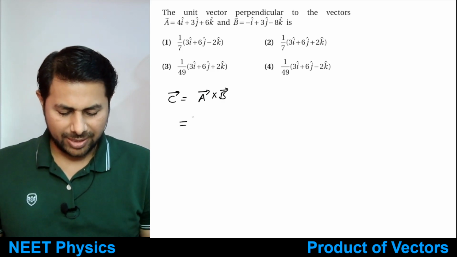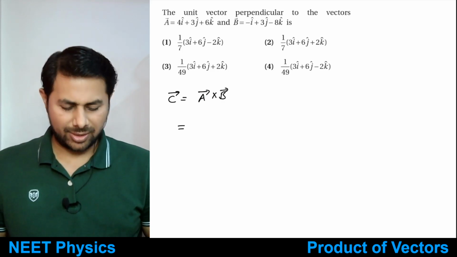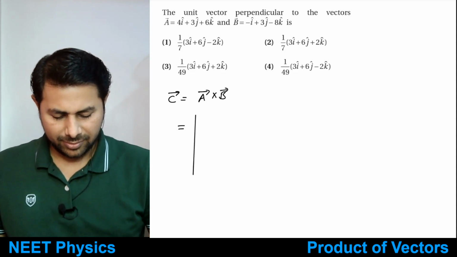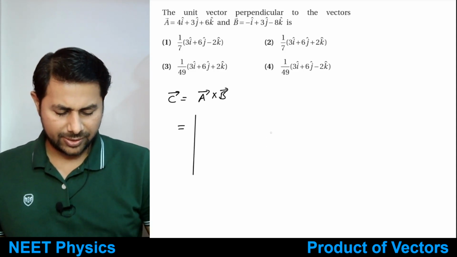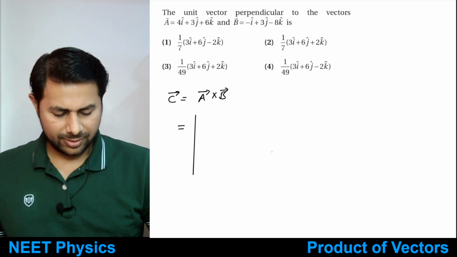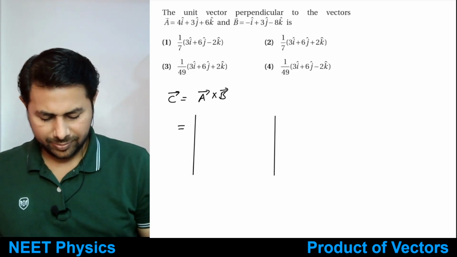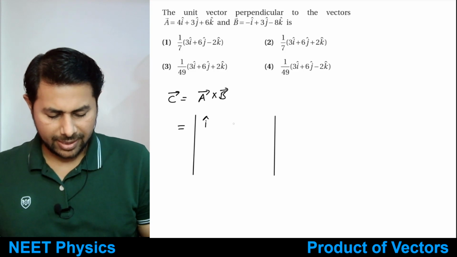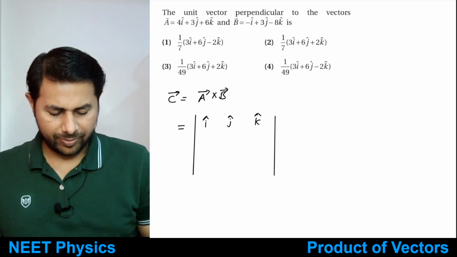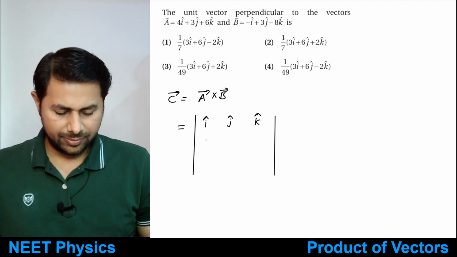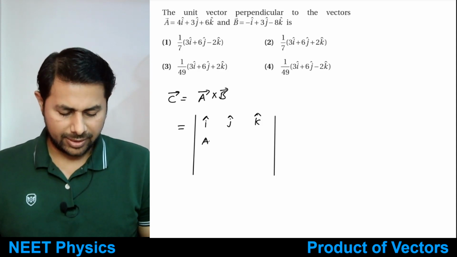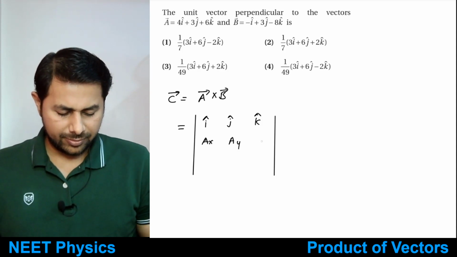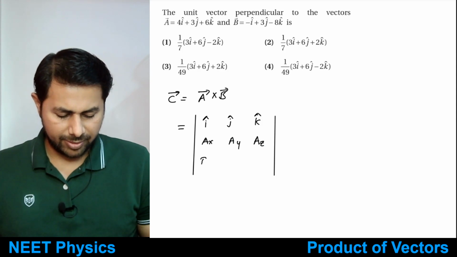How do we find C bar then? So determinant. These are all very simple questions, right? Determinant of I cap, J cap, K cap, AX, AY, AZ, BX, BY, BZ.